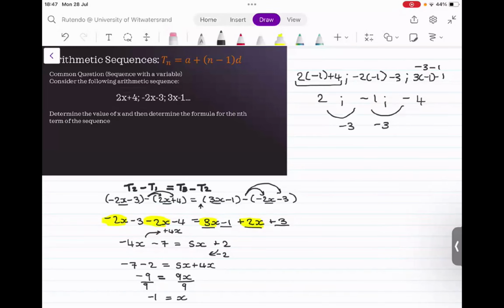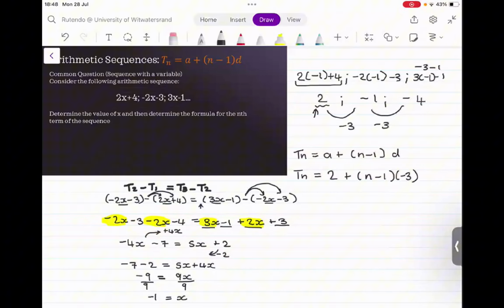Okay, so now we said my formula that I'm looking for is Tn is equal to A plus n minus 1 multiplied by D. I know my A is my first term, which I've just found here, and that is going to be 2 plus n minus 1, and then my D, I found it to be minus 3.